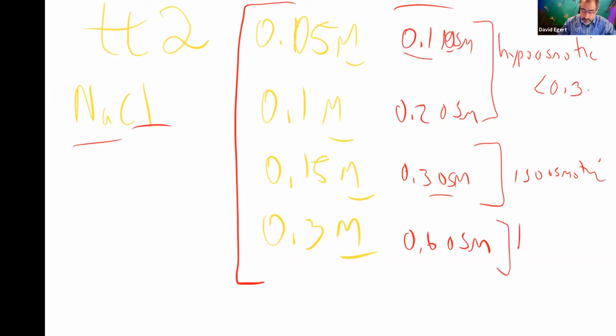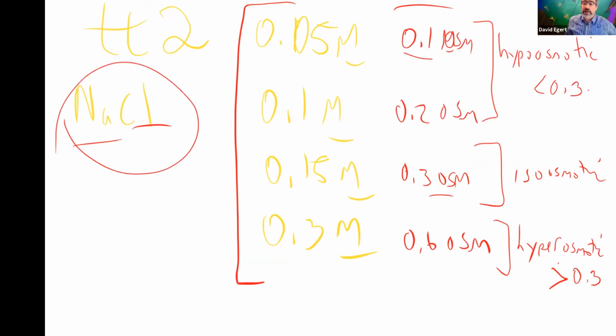This is going to be hyperosmotic because it is greater than 0.3. Right, so this should all make sense. And then, is NaCl penetrating or not penetrating? Not. It does not penetrate.